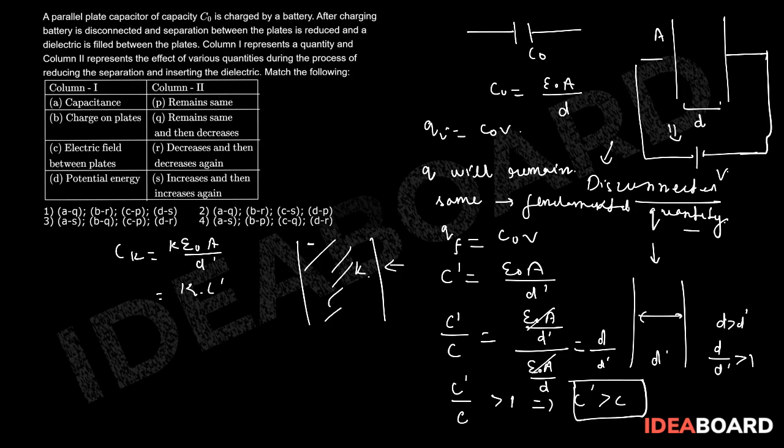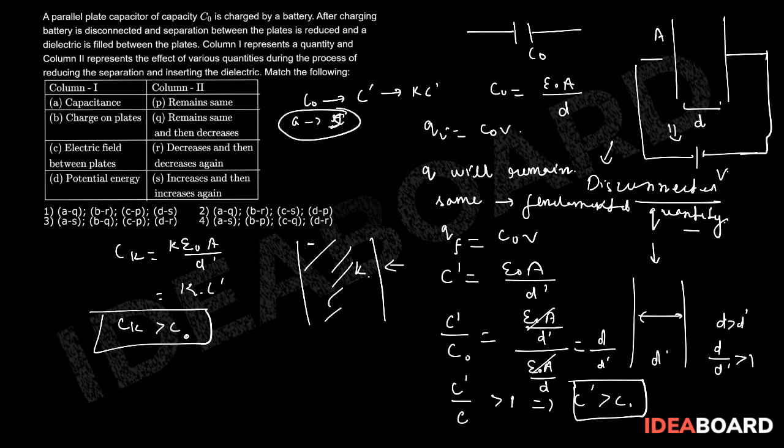Okay, so of course we know that C dash is greater than C. That means Ck will be greater than C naught. Perfect. So about capacitance, I can say, first of all capacitance increases to C dash and then it increases to K C dash, right? So which option will be matching with that? So A will match with S, correct?